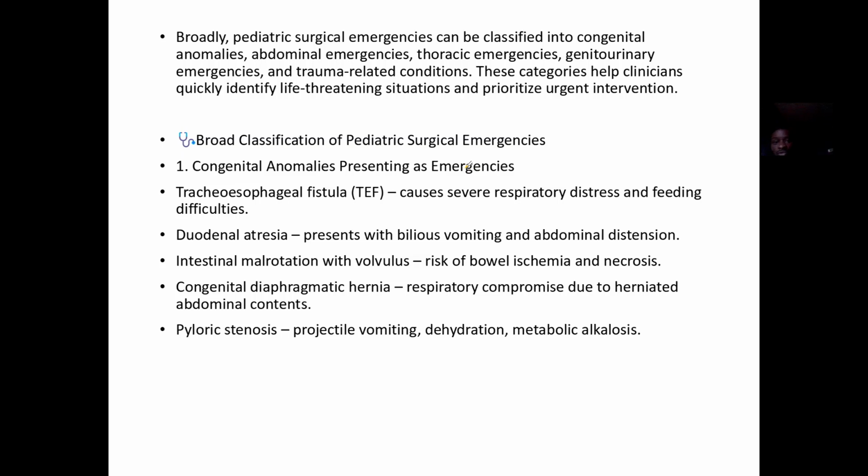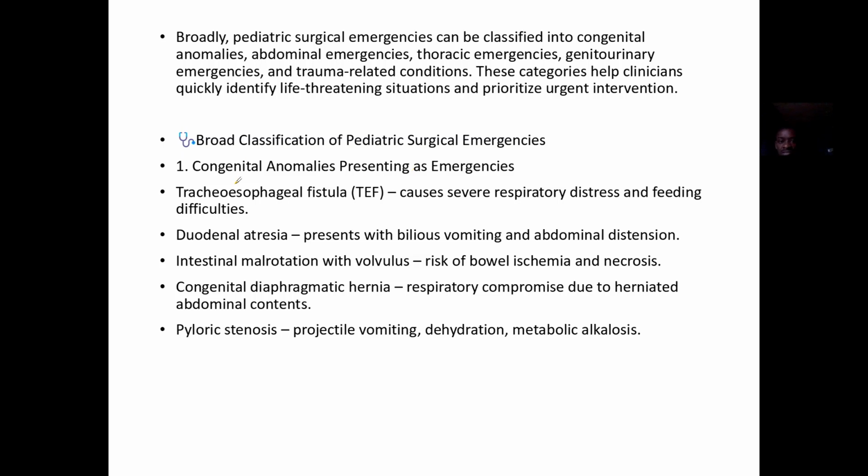So the proper classification is based on the origin of the abnormality. Do you understand? So you can have congenital anomalies. Congenital means the person was actually born with that abnormality.